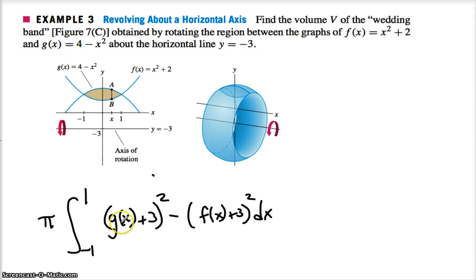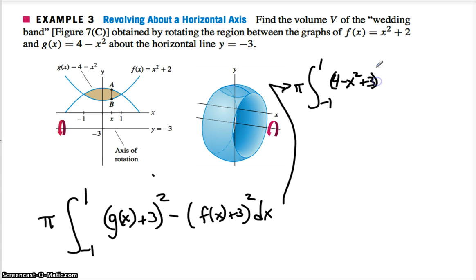Let me substitute what g of x and f of x are. Up here, we get pi, -1 to 1. g of x is 4 minus x squared, and we add an additional 3 units to that, and then square that, and then subtract f of x, which is x squared plus 2, then add another 3 units to that.